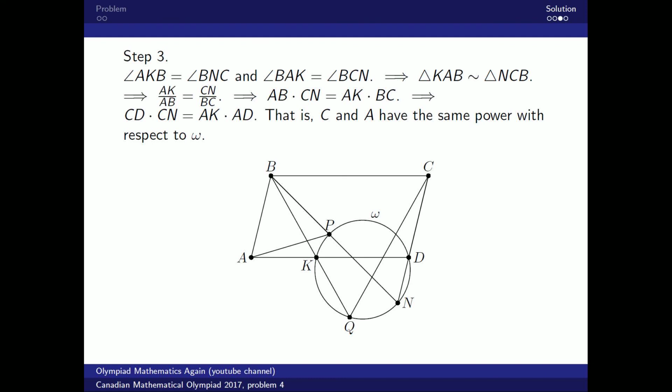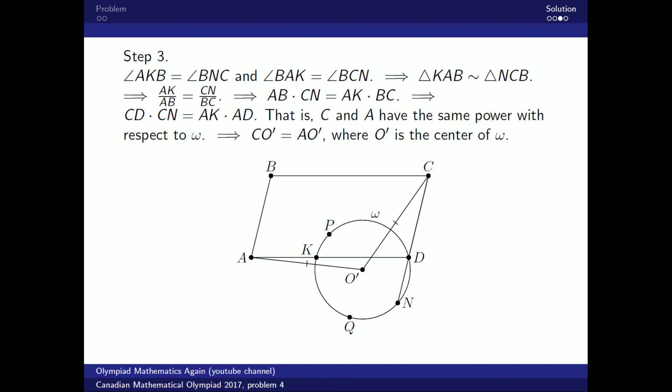But if they have the same power, then we can conclude that they have the same distance to the center of the circle, because the power of a point with respect to a circle is also equal to the tangent squared, which is the same as the distance to the center squared minus the radius squared of the circle.